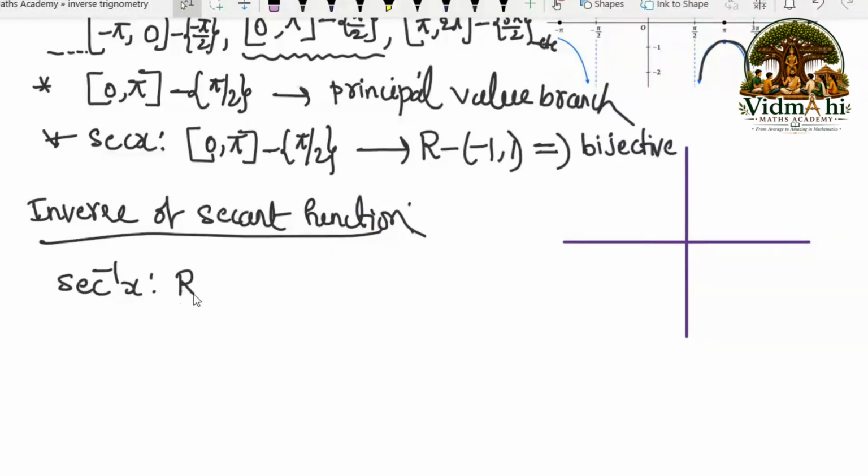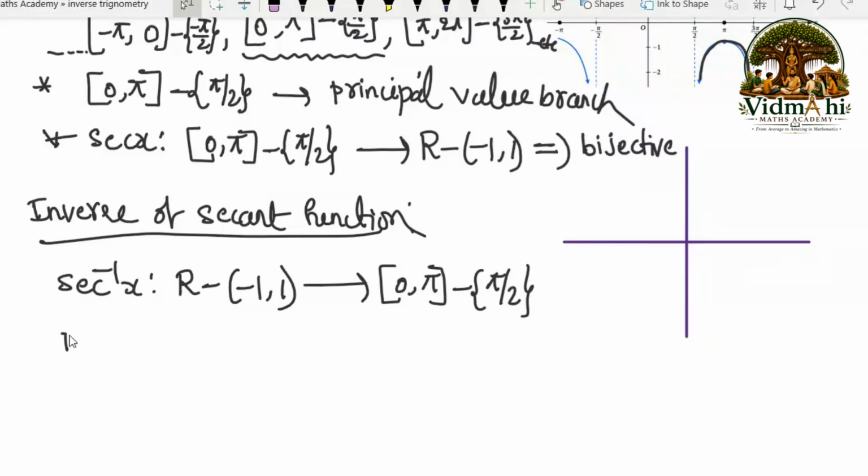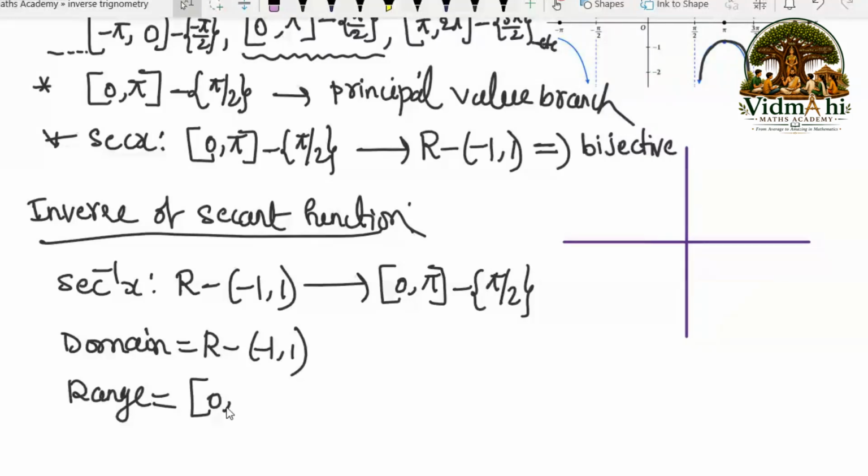The domain of secant inverse x is R minus the open interval minus 1 comma 1, to the closed interval 0 comma pi except pi by 2. So here the domain is R minus (minus 1 comma 1), that should be an open interval, and the range is closed interval 0 comma pi minus pi by 2.